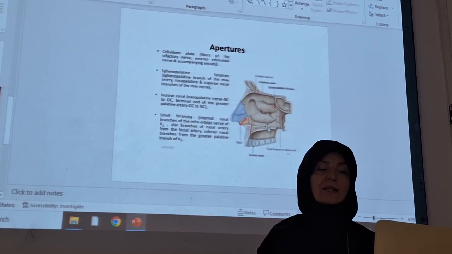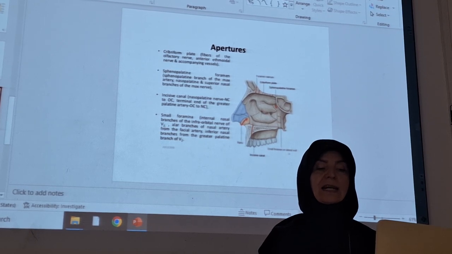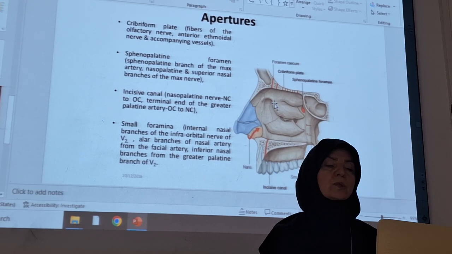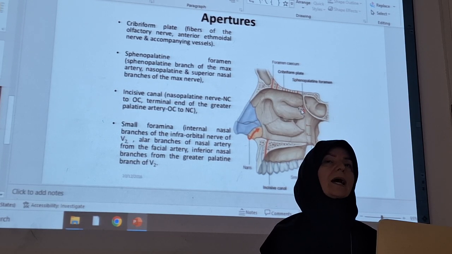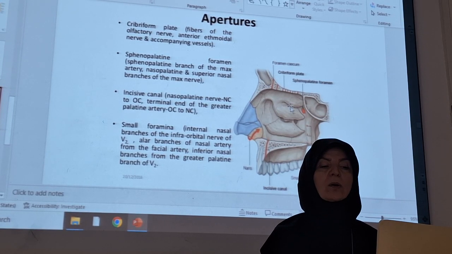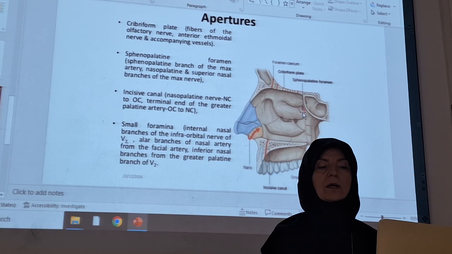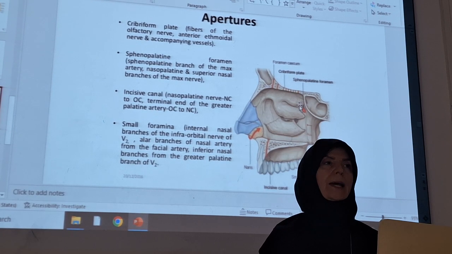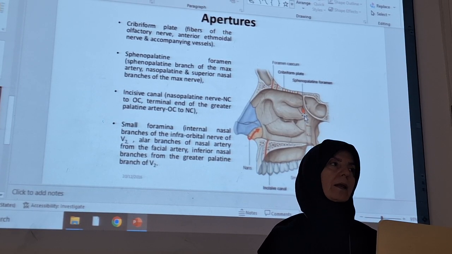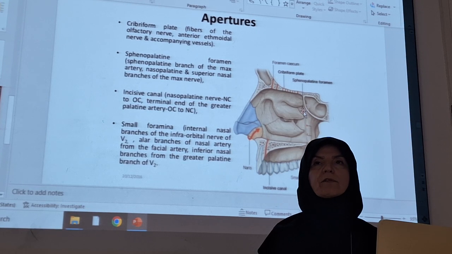In the lateral surface of the nasal cavity, in the superior meatus, we have here, it was one of the questions in the last semester. In the superior meatus, posteriorly, visible in the lateral surface, I am able to show you a large foramen. The name of this foramen is the sphenopalatine foramen.